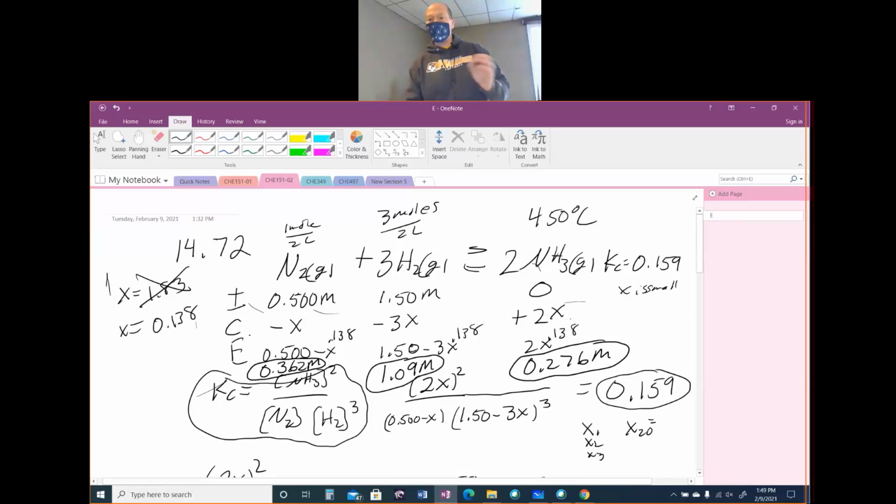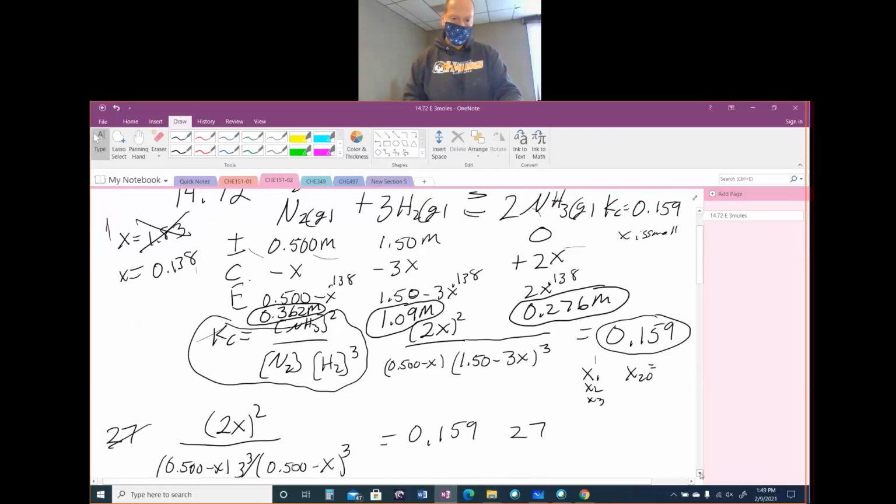But anyway, it's going to be very close to 0.159 when you put those numbers in. All right, so here's a case where I say that the quadratic equation is the best. It is a rare case where I will say quadratic equation is the best. I try to not do the quadratic equation.